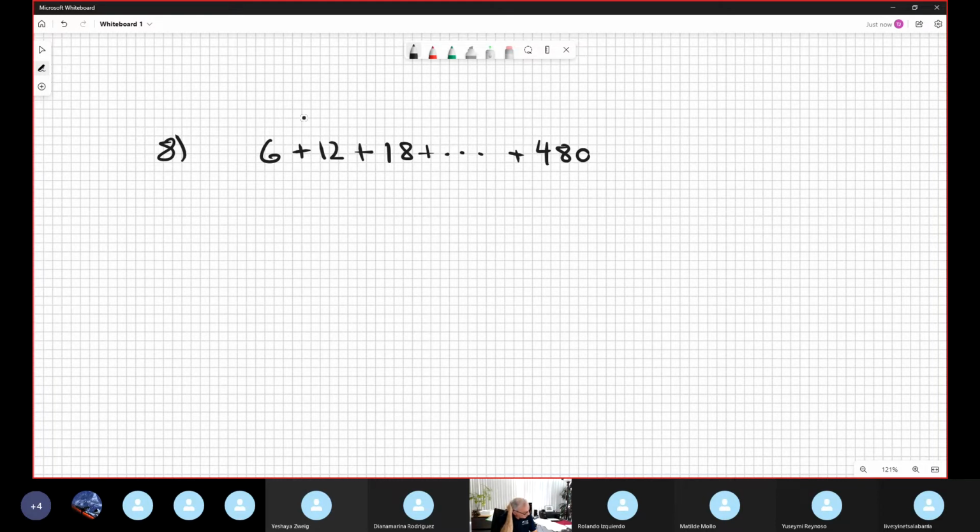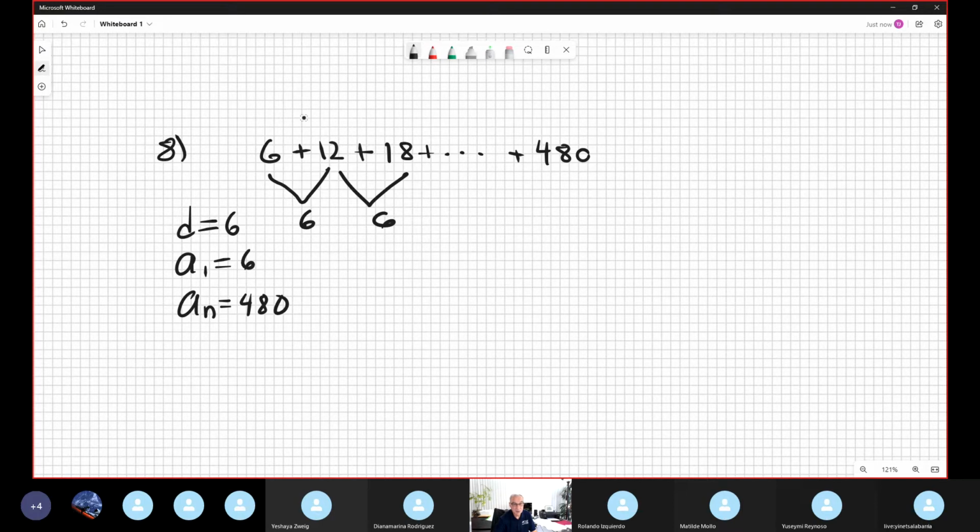Because for these important sequences we have formulas, no? Another crazy sequence, it's impossible, we have no formula, or I need to derive that formula. But in this case, look, you're adding 6, so the common difference is 6. a1 is 6, and a sub n is 480, which is the last one. And the formula for the summation says first plus the last one divided by 2, it's like the average, no?